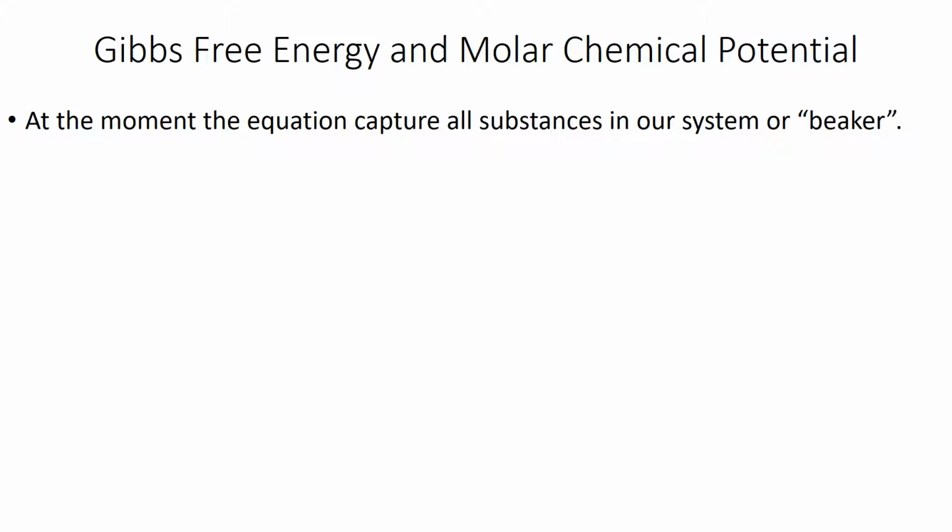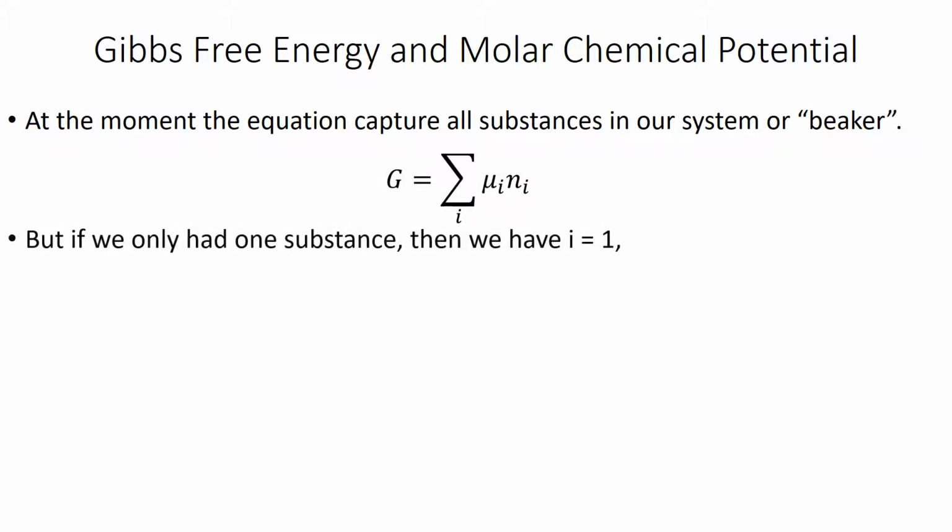So at the moment, we know the equation captures all substances in our system. And our system can be, for example, a beaker. There we are. It's a summation. But let's make this very simple on ourselves. What if we only had one substance, like a glass of pure water?